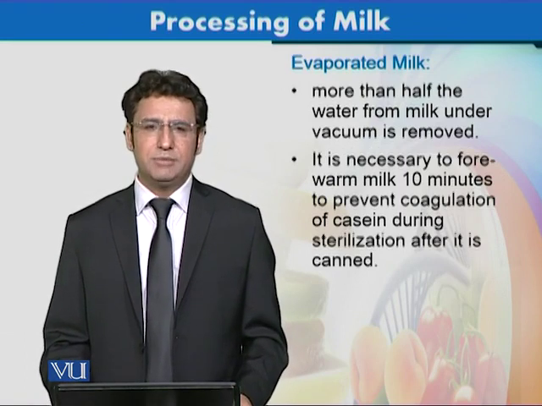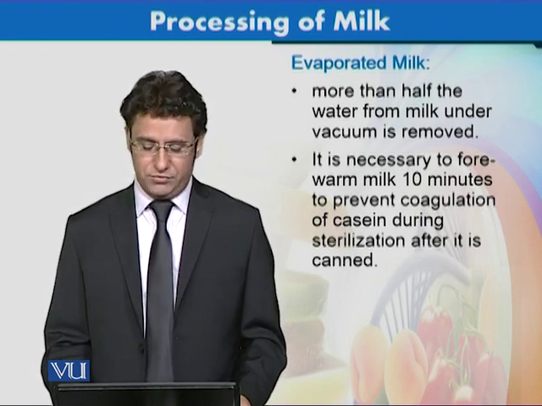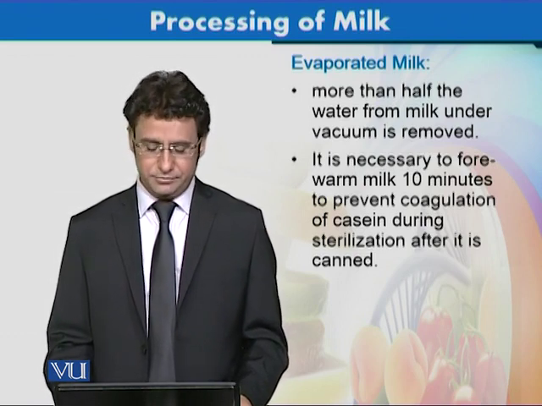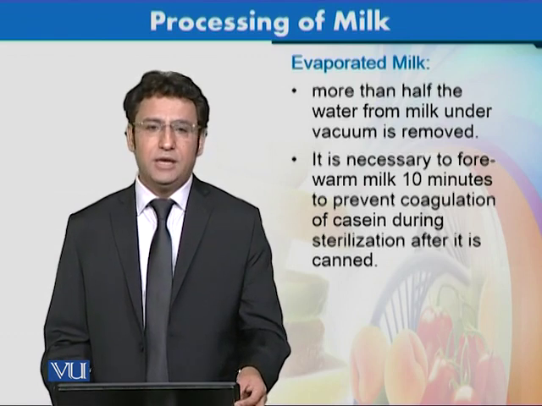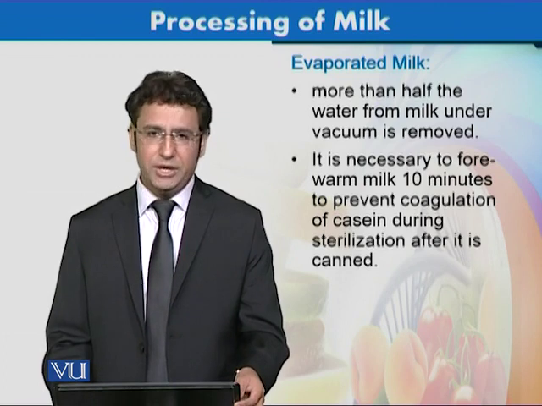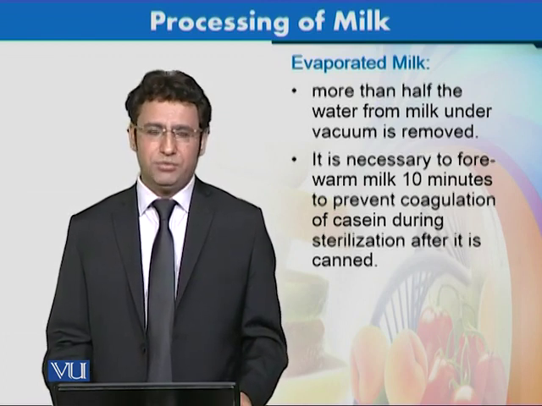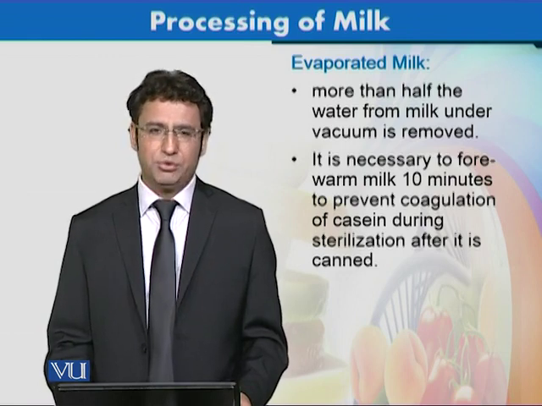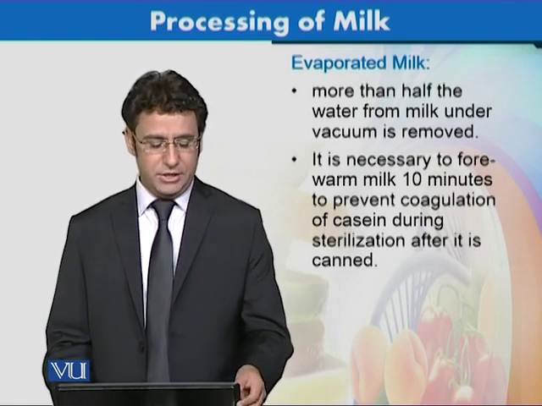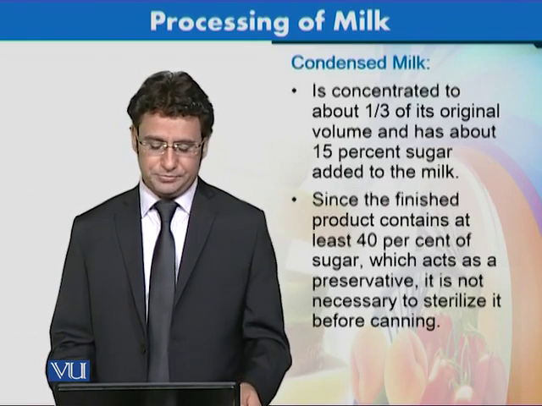Evaporated milk is a category in which we remove half of the water from milk under vacuum, and that would increase the shelf life of milk. Before this heat treatment, we preheat the milk for 10 minutes to prevent coagulation reactions, in order to get the desirable end product.